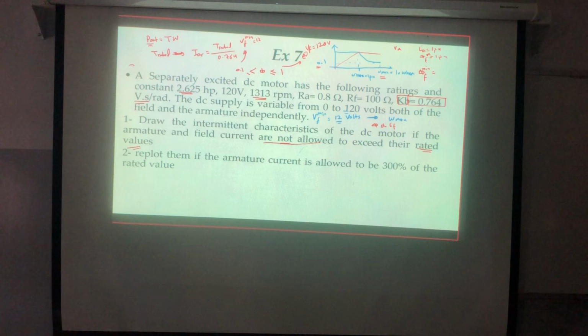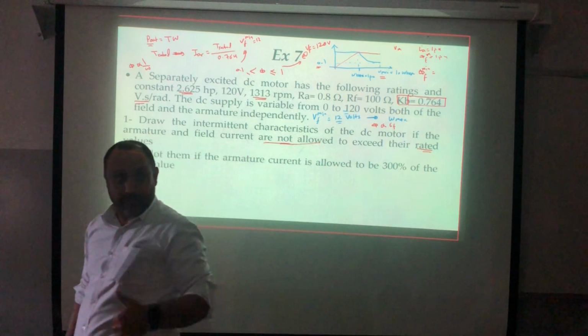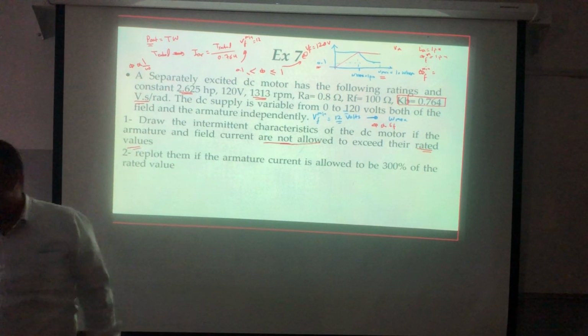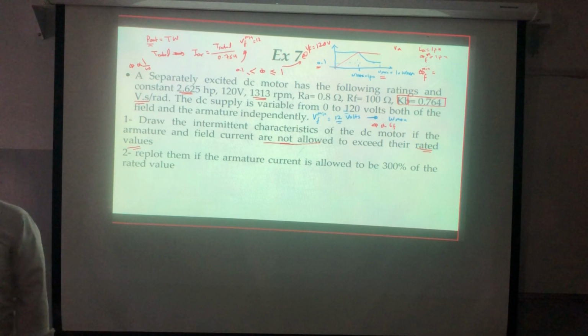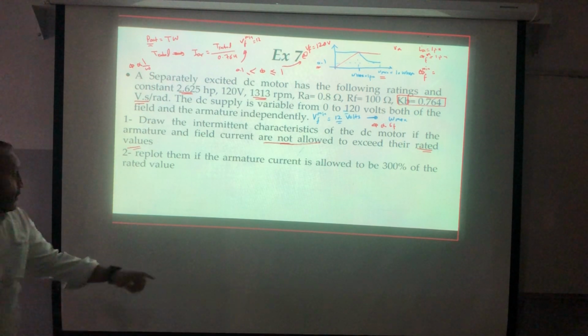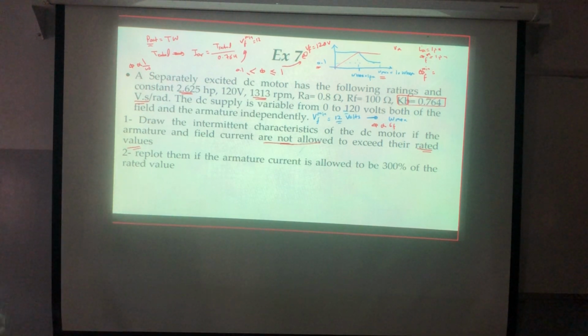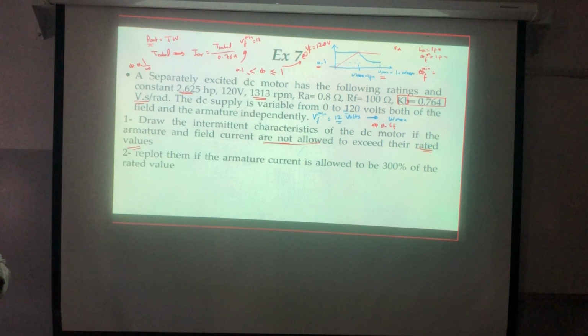So we know that the flux is inversely proportional with omega, correct? So at 1, it will give me 1 per unit. At 0.1, 1 over 0.1, so it will be 10 what? I will give you something more direct. It will be 10 times the base speed. So if the base speed is 1, it will be 10. If the base speed is 0.7, it will be what? 7. Good?